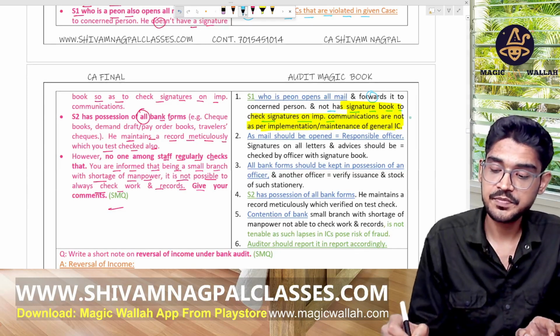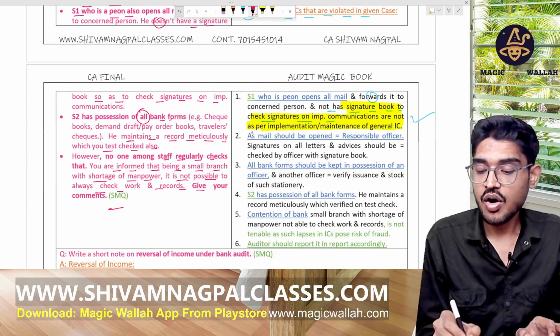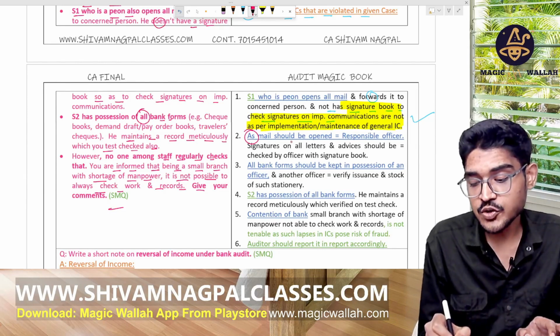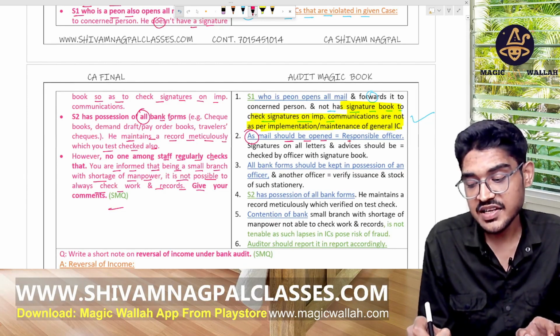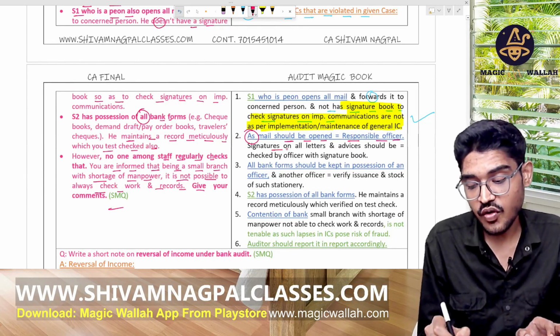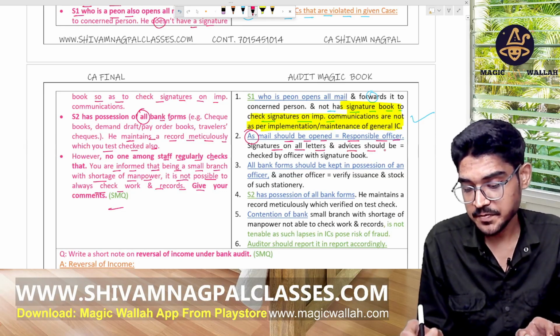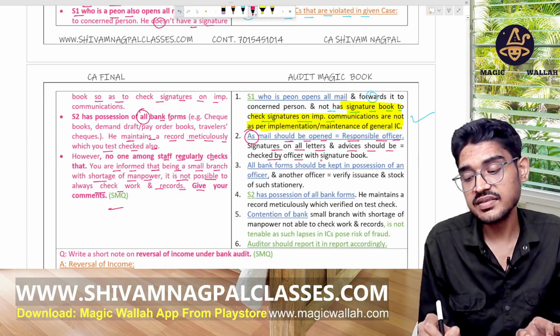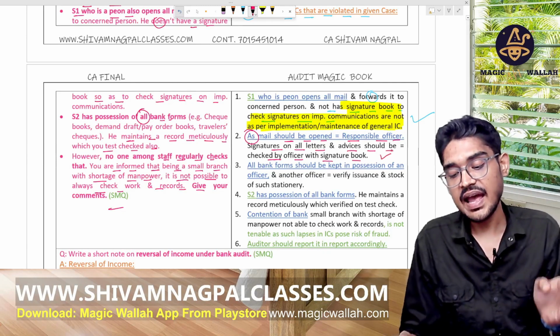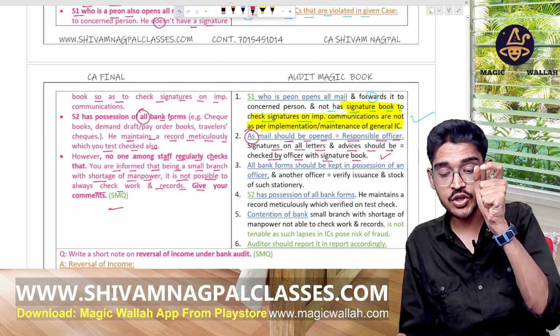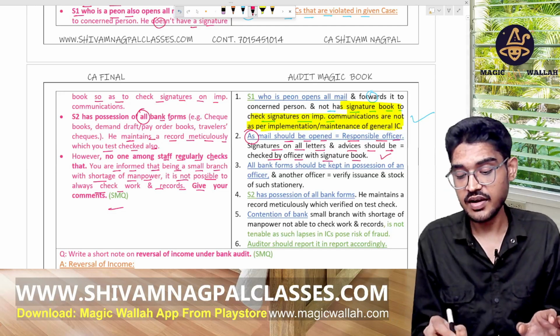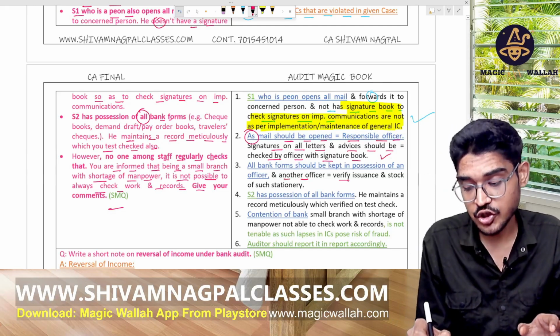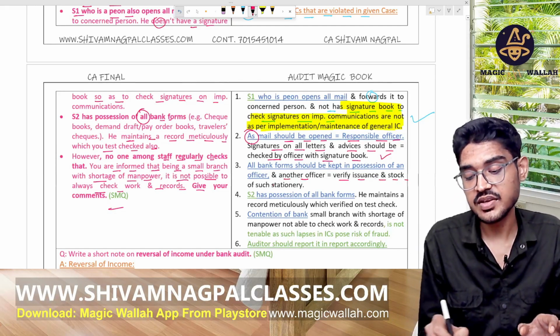These are the breaks here. All the mail should be opened by the responsible officer, and the signatures on all letters and advices should be checked by the officer with the signature book only, right? And all the bank forms should be kept in the possession of an officer, and another officer should verify the issuance and the stock of such stationery.